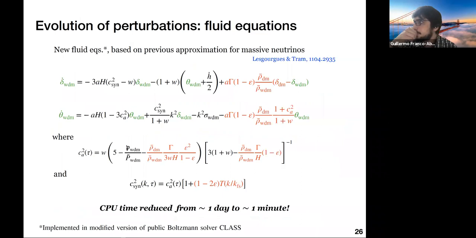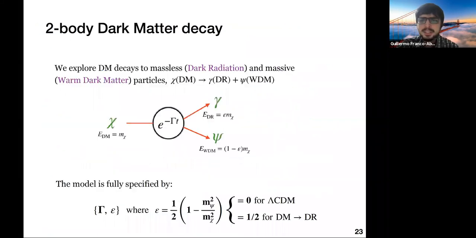Yeah, that's a good point. I just heard about what is called the string axiverse, which is the fact that string theory predicts a lot of scalar fields having axion-like potentials.